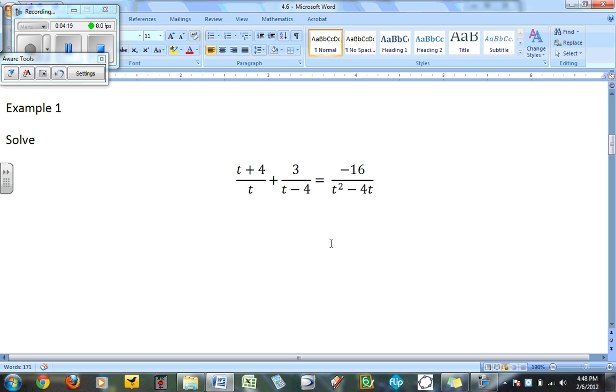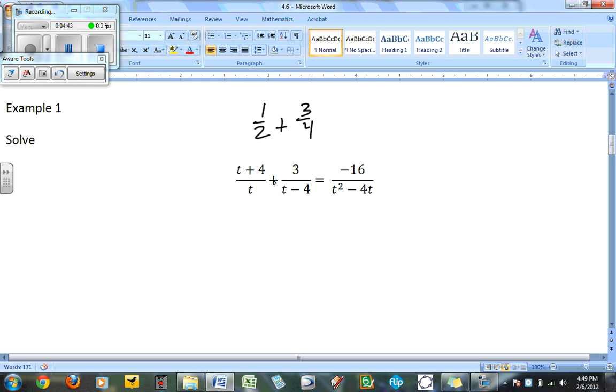We're going to have to find a common denominator for each of these in order to add like terms. Just like if we had 1/2 plus 3/4, we can't add these two until we have the same denominator. Same thing here, we can't add these until we have the same denominator.